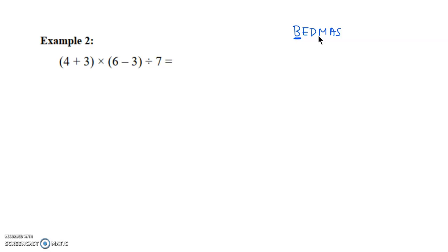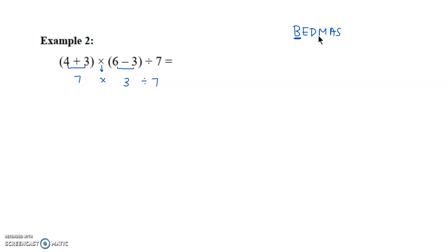So we can solve both of those first, and then worry about the other operations after. So 4 plus 3 is 7, and 6 minus 3 is 3. So now I've cleared the brackets. So those brackets are gone. Now I can write down everything else. So my times symbol, and my division symbol, and the 7. So I copy that below.